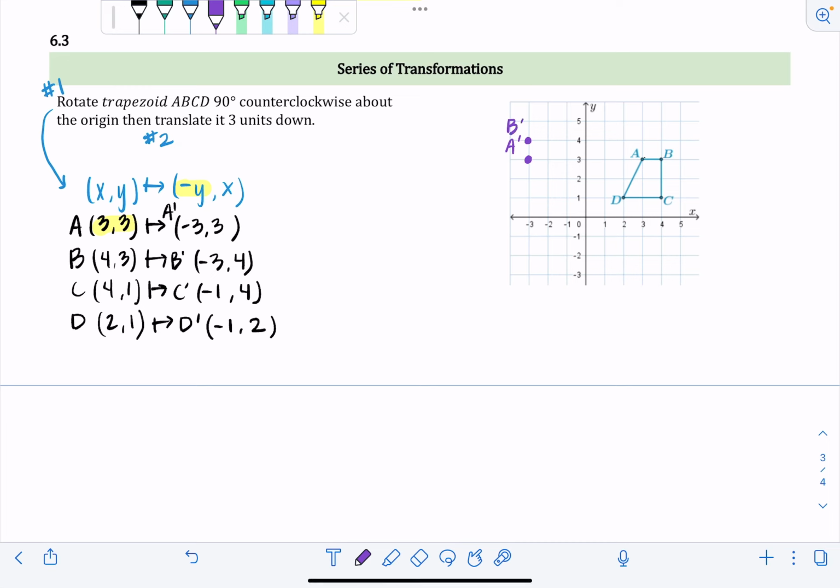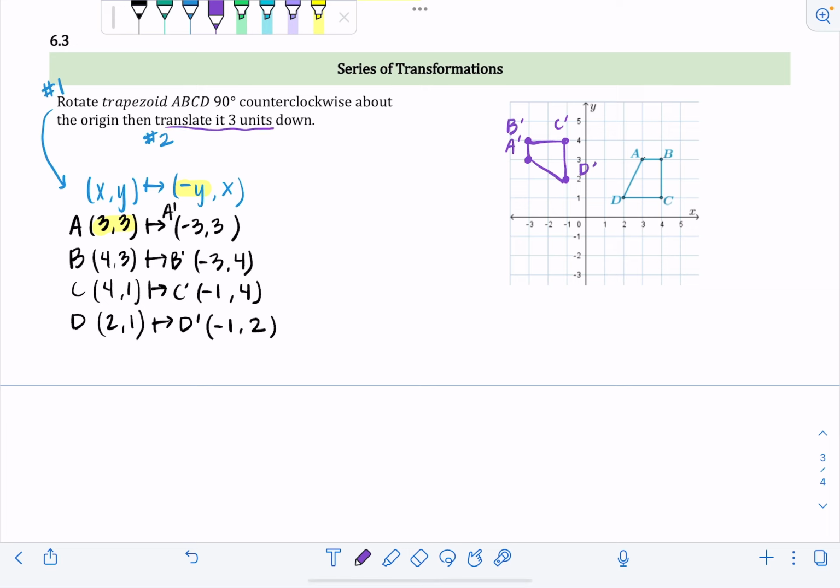And then for C', (negative 1, 4). And then for D', it's (negative 1, 2). And then I can connect those. And now I can worry about my translation.